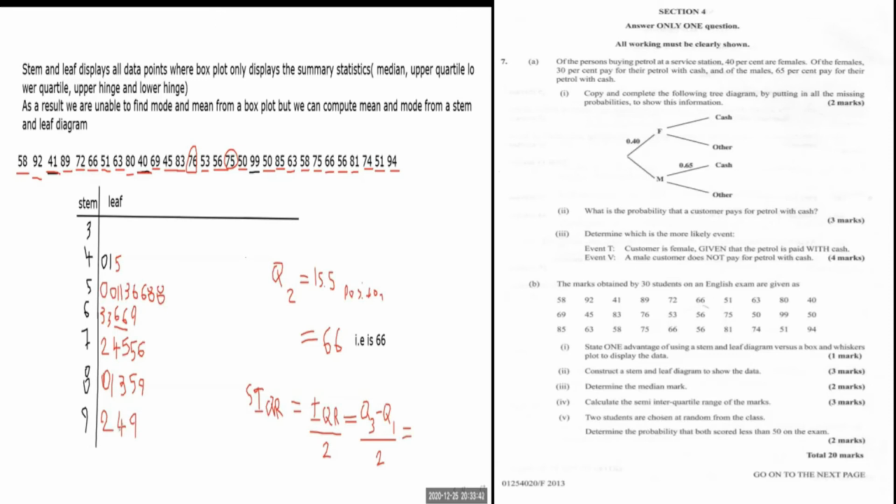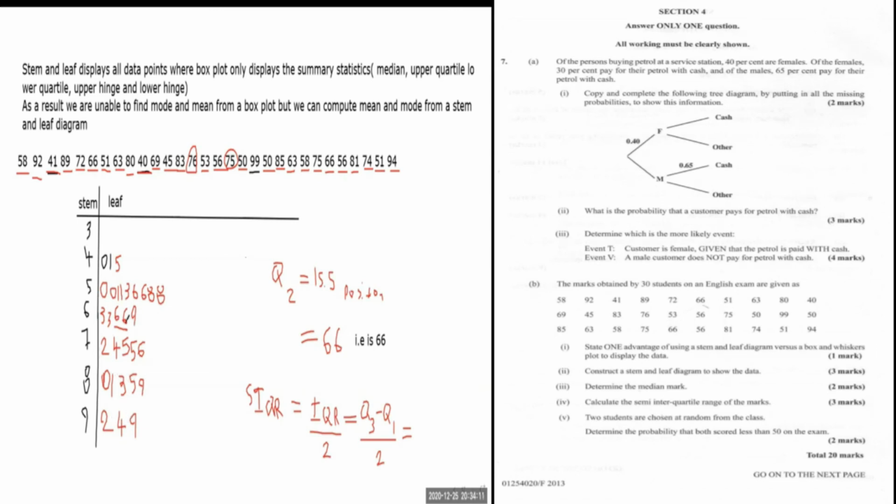All right, so let's find Q3. Now, the position of Q3 is going to be 3/4 of n plus 1. So it's going to be 3/4 of 31. And that's the 23rd and a quarter term. So let's go there. All right, so 2, 3, 4, 5, 6, 7, 8, 9, 10, 11, 12, 13, 14, 15.